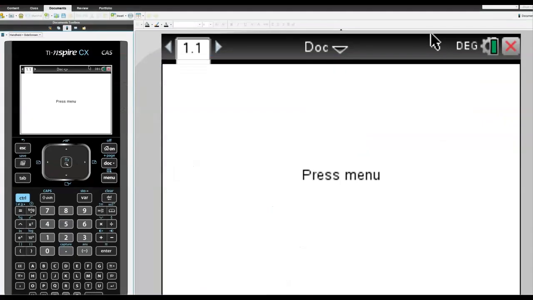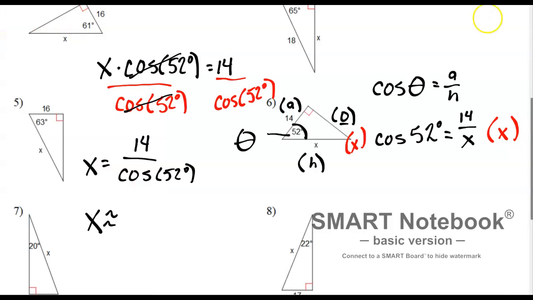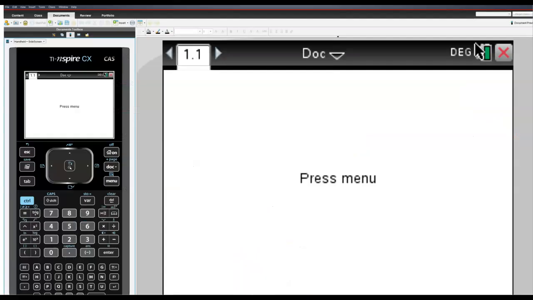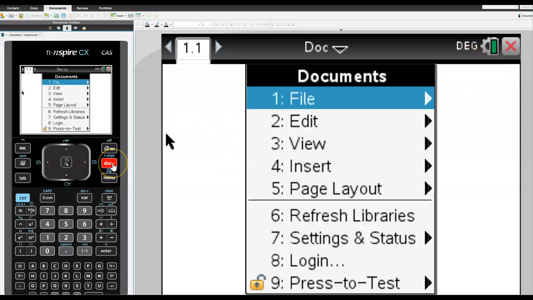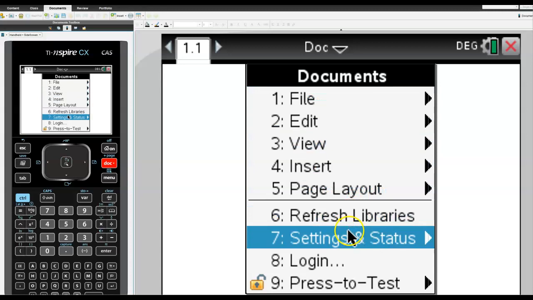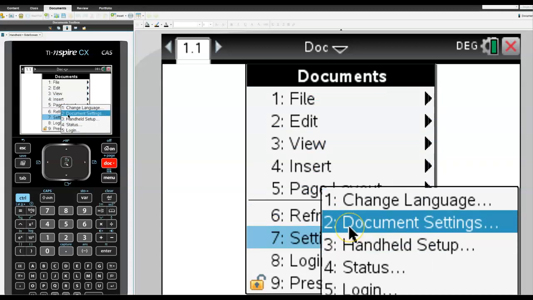This is important. Notice that it says degree here, which is what you want. Why? Because we're given degrees, in all cases I think. Some of your calculators may not be in degree mode, so let's talk about what you do. You hit doc, and even if you're on degree mode right now, just go through this so you can practice it, because you never know what calculator you'll get the next day.